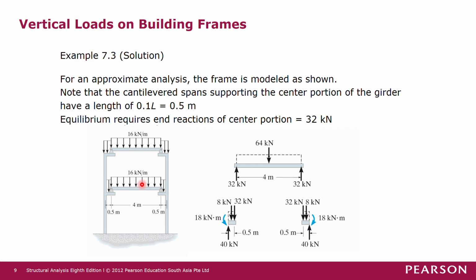So first of all, we look at the simply supported beam part, right? This simply supported beam is 4 meters in span. And then we have a uniform load initially. Don't look at this 64 kilonewton force first.